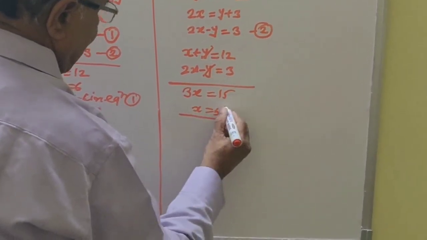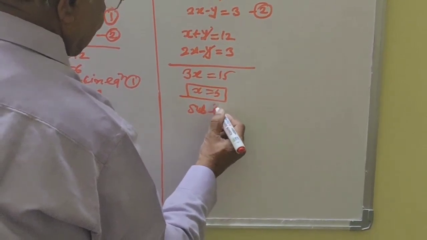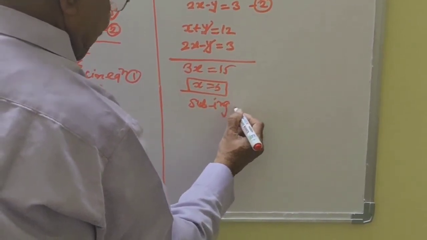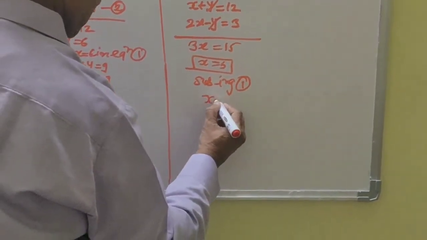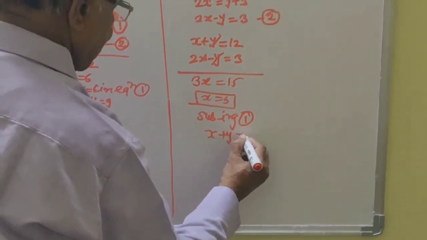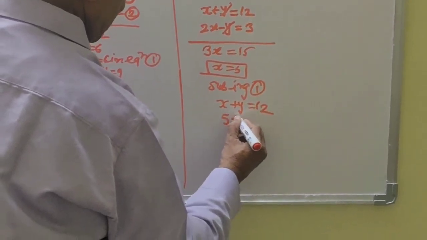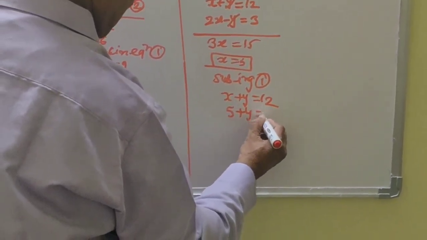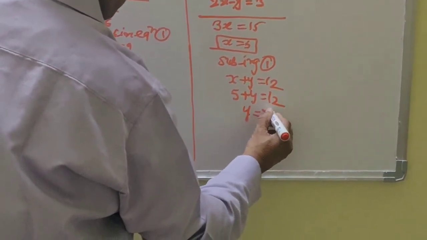Now substitute in equation 1. My first equation is x plus y is equal to 12. Now I will substitute the value of x: 5 plus y is equal to 12. My answer y is equal to 7 will come.